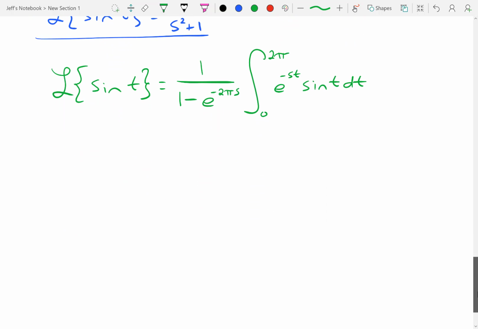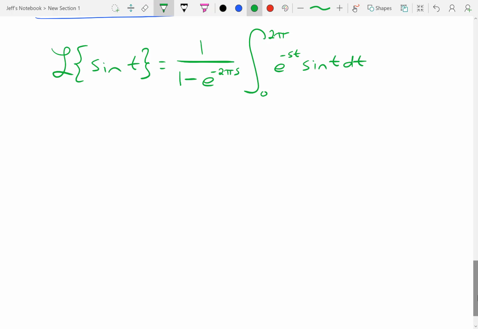Get a little more space here. I am going to use the table of integrals to evaluate this integral. So this will be 1 divided by 1 minus e to the negative 2 pi s. And then the integral, let me look at my integral table.